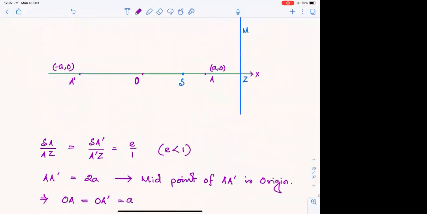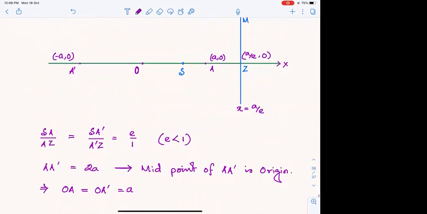And as soon as we get that, we can mark this line as x equals a by e, the coordinate of Z as (a by e, 0). Is it okay for all?